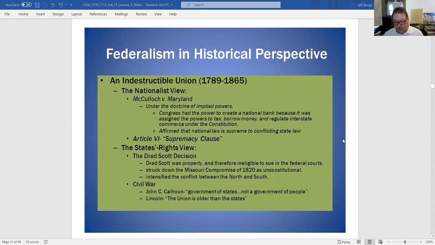So if you are into notes and you like to do outlines, A, or number 1, is dual federalism.